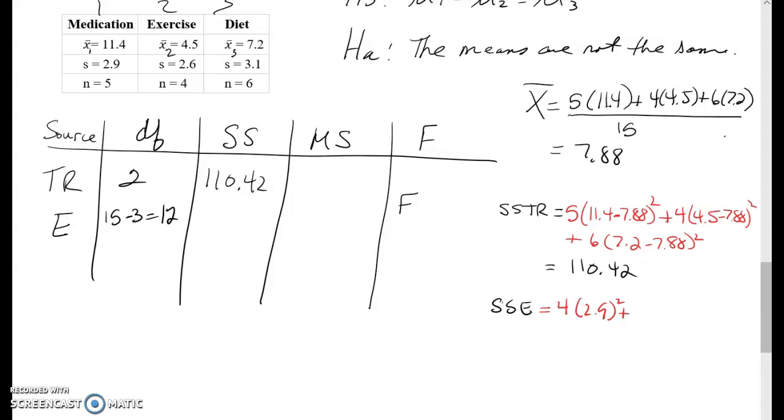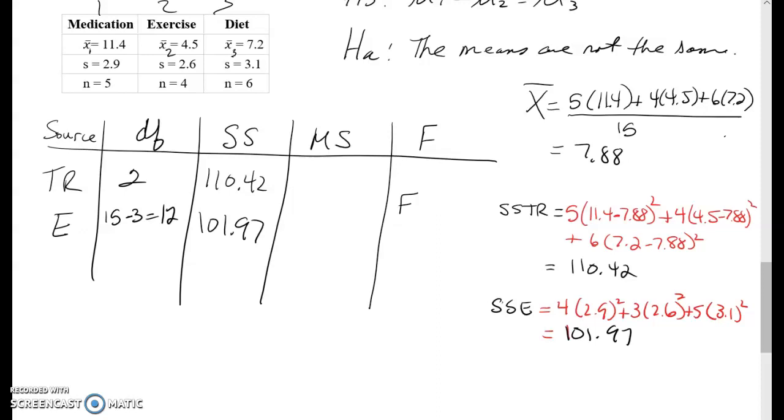The second population has a size of 4, so that's 3 times 2.6 squared. And the third population, which has a size of 6, is going to be 5 times 3.1 squared. And that one comes out to 101.97. Put that in your block.